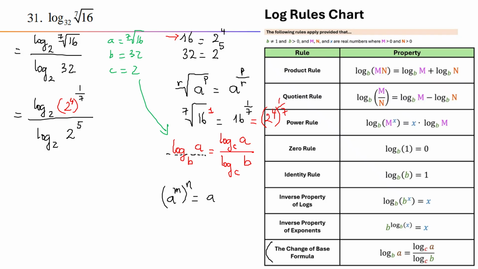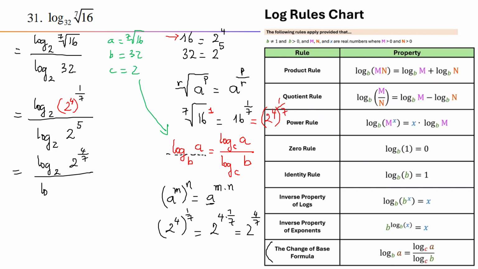That is the product of exponents, m times n. Keep the base the same. So I have 2 to the power of 4 to the power of 1/7, that is 2 to the power of 4 times 1/7, that is 2 to the power of 4 over 7. Let's write that one more time: log base 2 of 2 to the power of 4 over 7, over log base 2 of 2 to the power of 5.